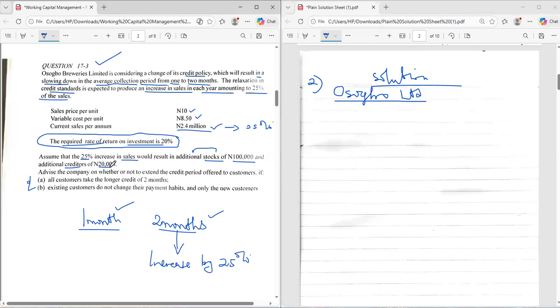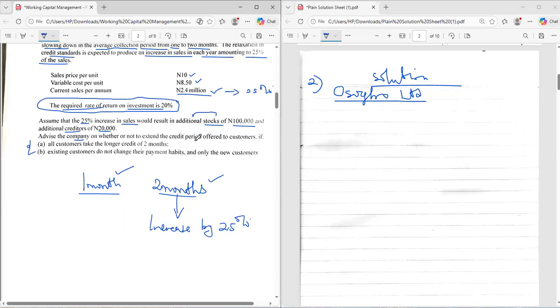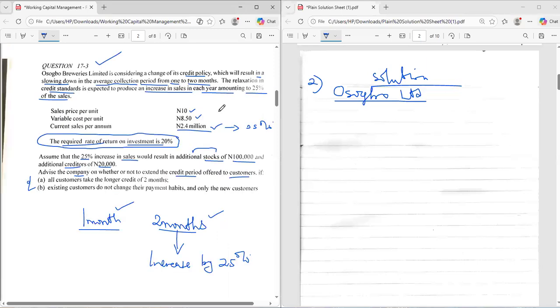They now told you to advise the company on whether or not to extend the credit period offered to the customer. Should we extend it from 1 month to 2 months? On two assumptions. Number one, all customers take the longer credit period, whether new or existing customers.